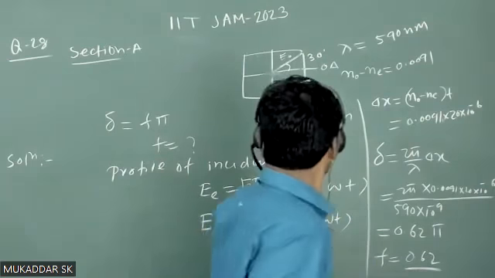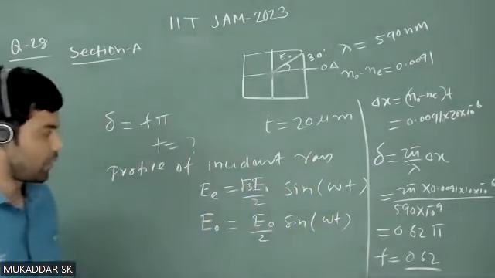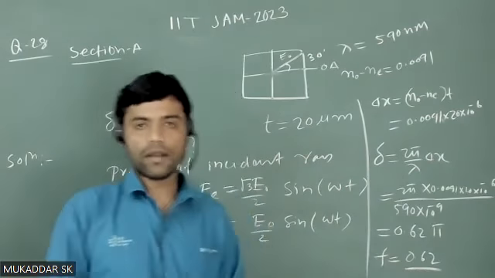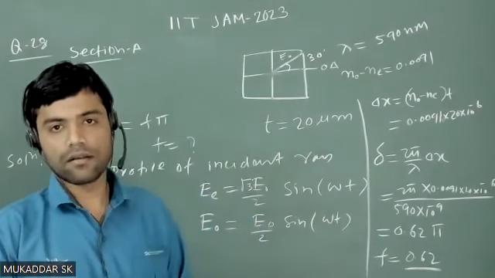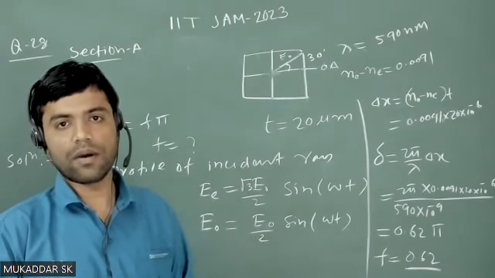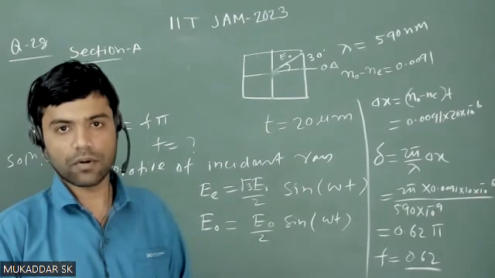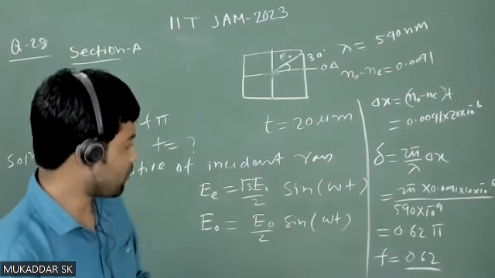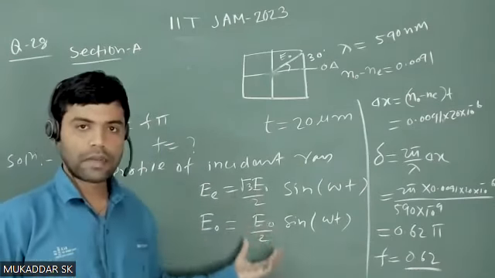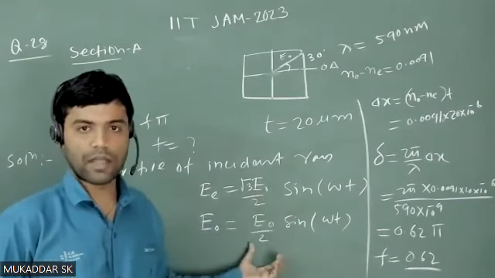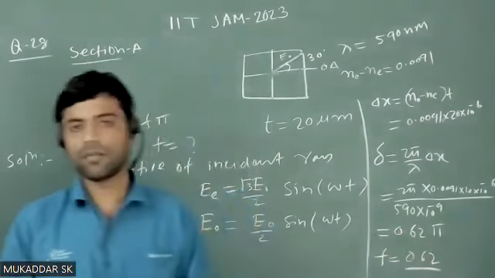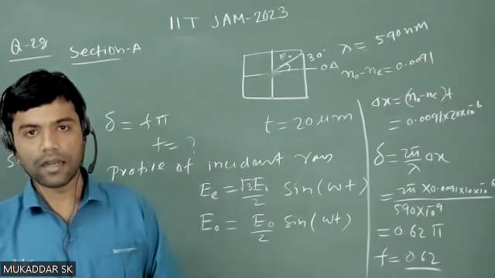I can see the phase difference between O ray and E ray is not an integer multiple of pi. So obviously the state of polarization of the emerging ray will not be linearly polarized. Also it will not be circularly polarized, because the amplitude is not the same, and the phase difference is not pi by 2, 3 pi by 2, 5 pi by 2, and so on.